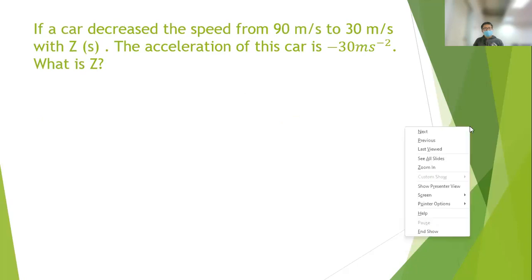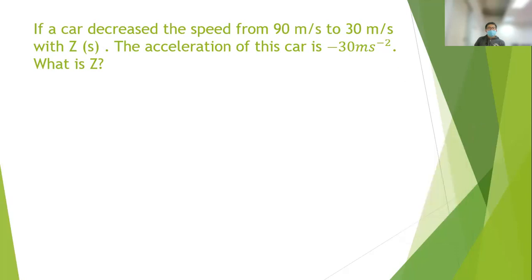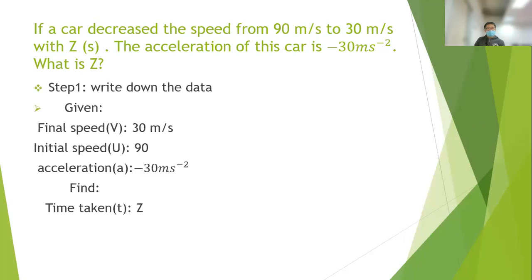Now let us see. If a car decreases its speed from 90 meters per second to 30 meters per second, with the acceleration given as negative 13 meters per second squared, what is the time taken of this motion?